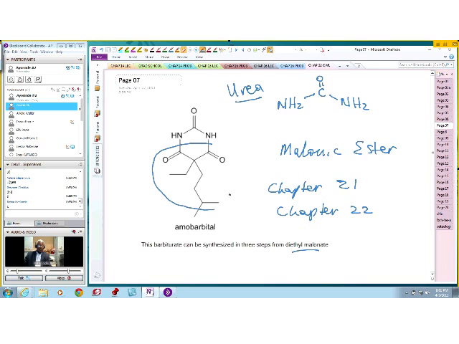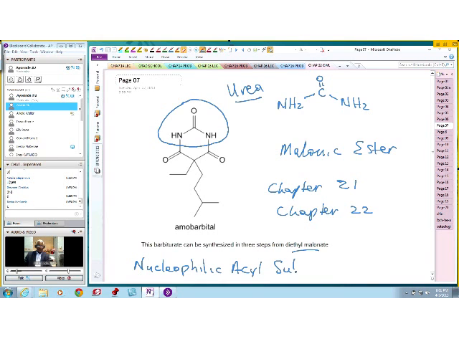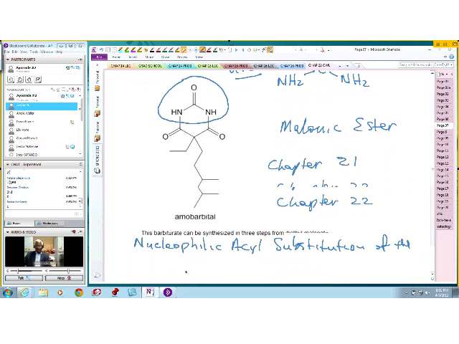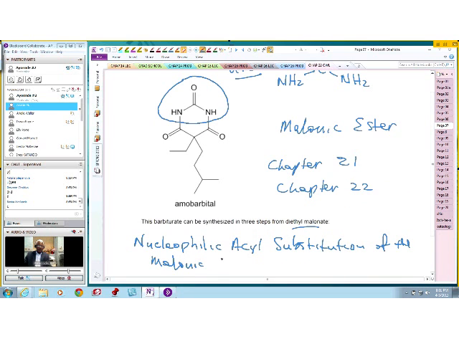So this part of the molecule comes from the malonic ester synthesis, and the upper part of the molecule, this here, comes from the nucleophilic acyl substitution of the product from the malonic ester synthesis, the malonic ester product.